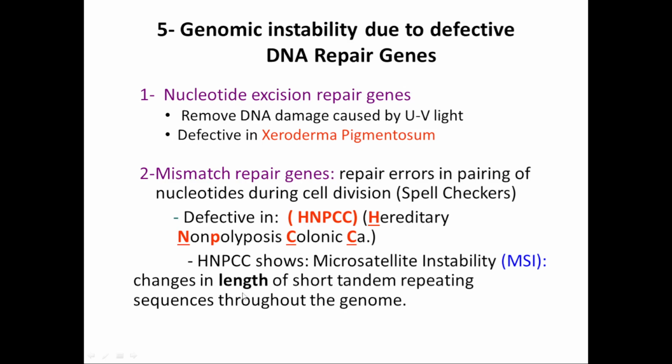This causes an inherited disease called HNPCC, hereditary non-polyposis colorectal cancer, which comes with other tumors such as ovarian cancer and endometrial cancer, together called Lynch syndrome. So Lynch syndrome has defective mismatch repair genes and the presence of unstable microsatellites, small mismatched segments along the DNA.